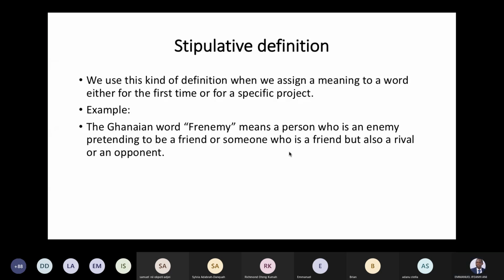Example, the Ghanaian word frenemy means a person who is an enemy pretending to be a friend, or someone who is a friend but is also a rival or an opponent. So frenemy is a stipulative definition that some Ghanaians formulated, which was originally not in the dictionary, but was formulated to describe a certain situation that has not been described in the dictionary.